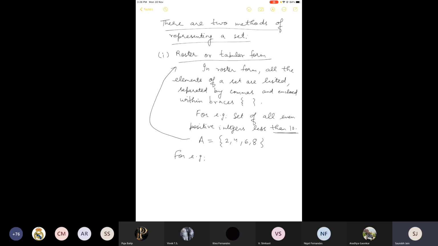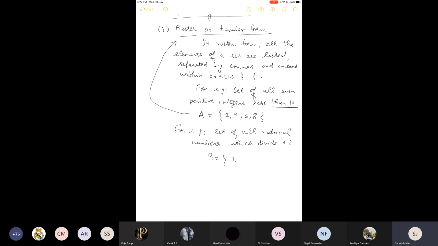Once again you can name it capital B. Let's start with the first number, that is 1. 1 divides 42, 1 divides every natural number. That means the factors: 2, 3, 6, 7, 14, 21, 42. You write all these factors. They are the objects of this set, separated by commas, and now you enclose them within braces.